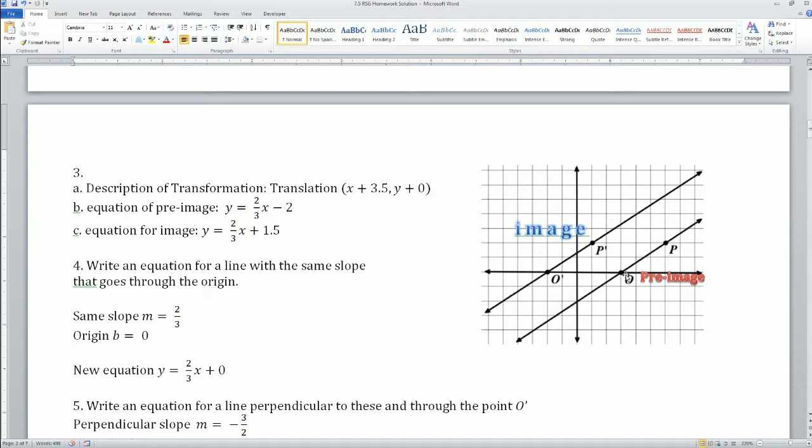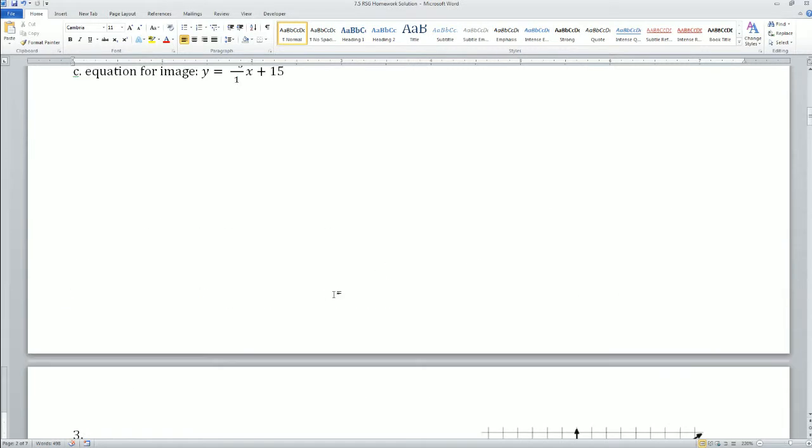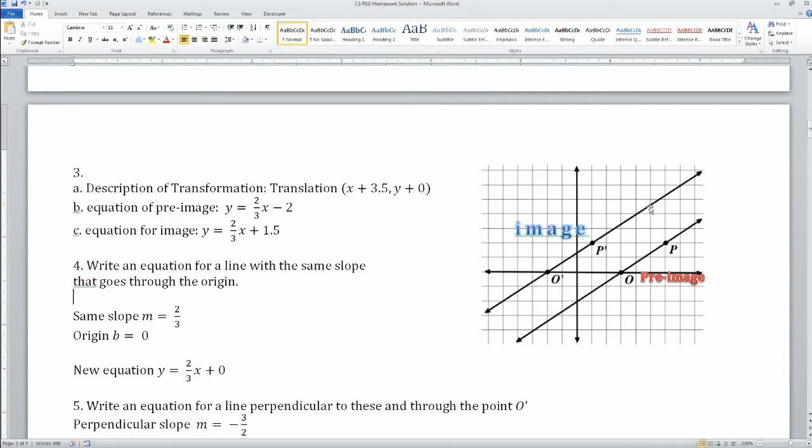It shifts over. The slope here is up 2 across 3: 1, 2, 3. That is correct. The translation is, hold on, 1, 2, 3, 4, 5.